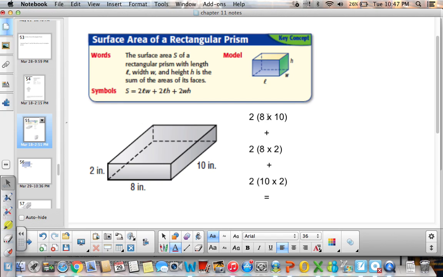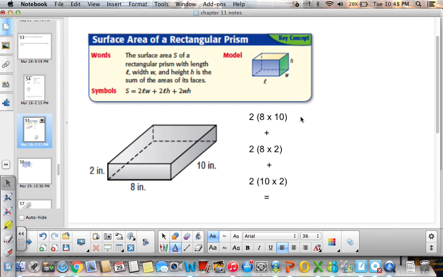So 2 times 8 times 10, because the bottom is 8 and 10, then the top, and then plus 2 times 8 times 2, and then 2 times 10 times 2. So I pair up each number with the 2 other numbers. So we have 8 and 10, which is right here, 8 and 2, which is right here, and then 10 and 2, which is right here.